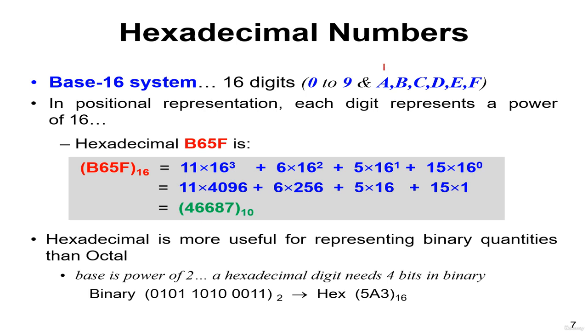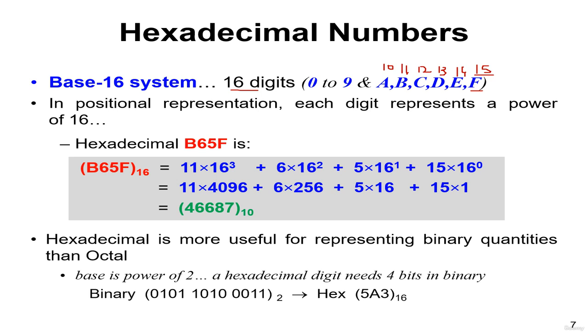So A means 10, B means 11, C is 12, D is 13, E is 14 and F is 15, right? So the base is 16, so the highest number would be 15, but we won't be using 15 in hexadecimal. 15 is something else. We would be using F when we want to say 15.